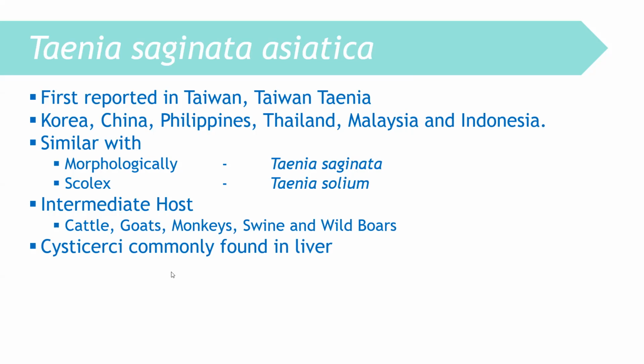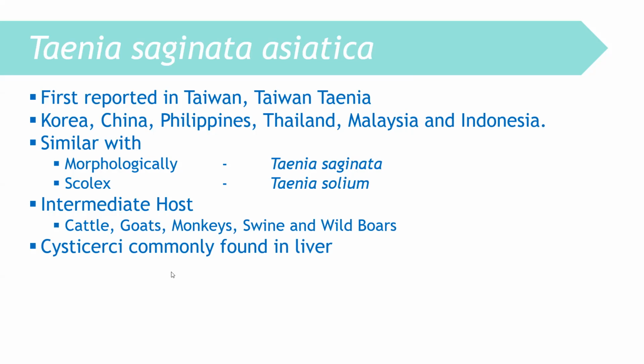Thus, it is also called the Asian Taenia saginata because its characteristics are almost similar to Taenia saginata. Okay? It can also be seen in countries such as Korea, China, Philippines, Thailand, Malaysia, and Indonesia.